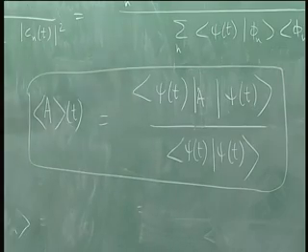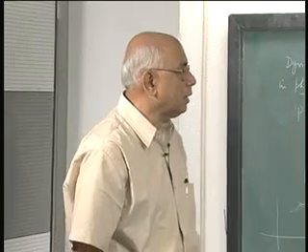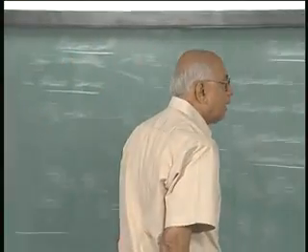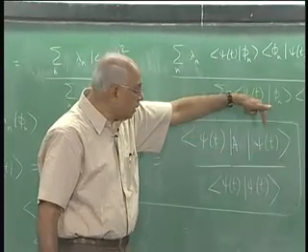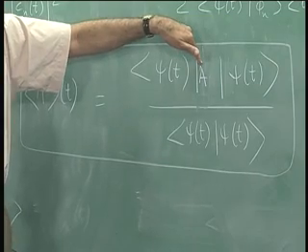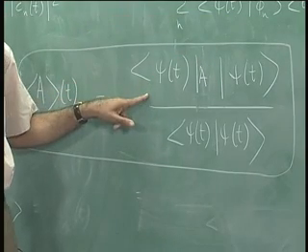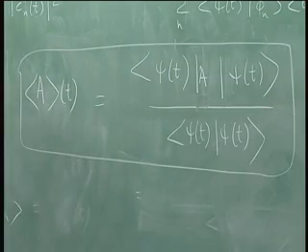It is by this little piece of rigmarole where you know that once you put in the probability interpretation, it follows that the expectation value of A, apart from that normalization constant below, is in fact the matrix element of A. Take the state vector psi, operate with A, you get a new state vector, take the inner product with the original state, that gives you the expectation value.